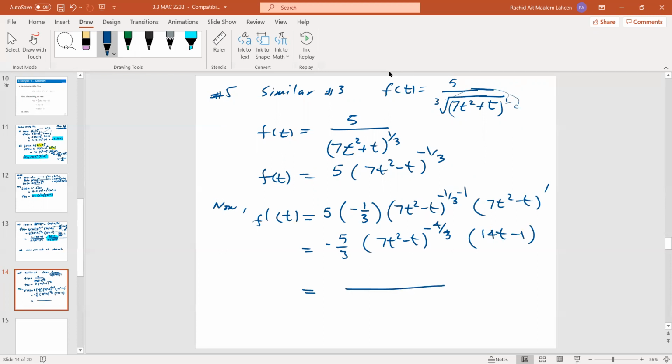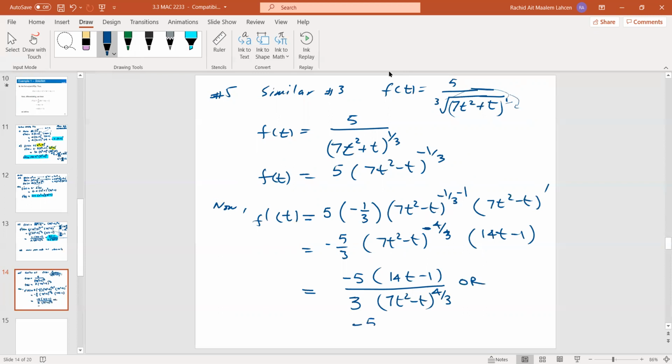And that's it. Now we need a negative 5 on top. A 14t minus 1 is on the numerator side. And we have 3 on the denominator. This has a negative exponent, so we will move it down here and have a positive exponent. So this is okay.